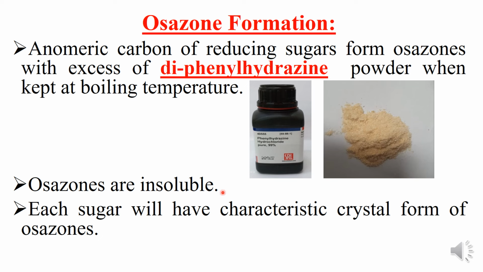Osazones are actually insoluble crystals. They are visible to the naked eye, but for the exact shape, one needs to see them under the microscope. Each sugar has a characteristic crystal form of osazones. Let us see various crystals formed by different monosaccharides and disaccharides.